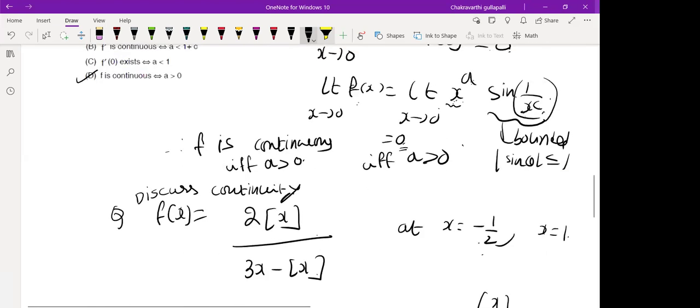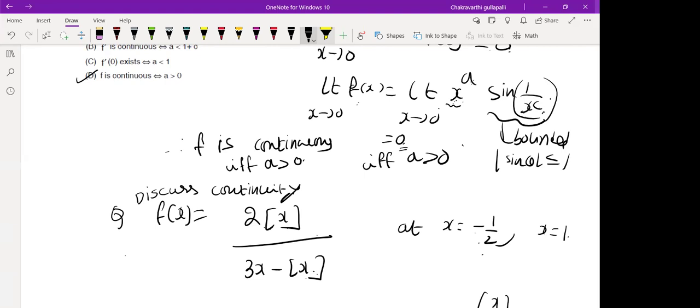I have one doubt. Can we do it directly? Because algebra of limits we can apply, and then we can calculate. Let us do it. If the limit exists, we can apply directly. At minus 1 by 2 the limit exists. So how to find out the limit? When do we say it is continuous?